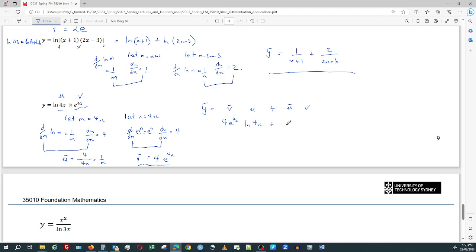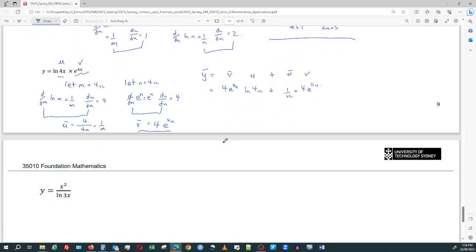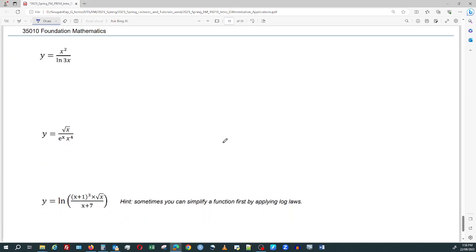So u dash was 1 over x times e to the 4x. Okay, so that's our final answer there, 4e to the 4x ln of 4x plus e to the 4x over x. And there's no cancelling, they just remain in those forms. Okay, just a bit more work in terms of our applications.